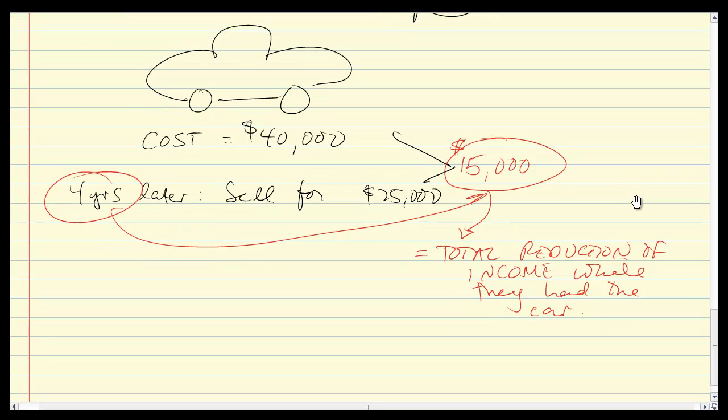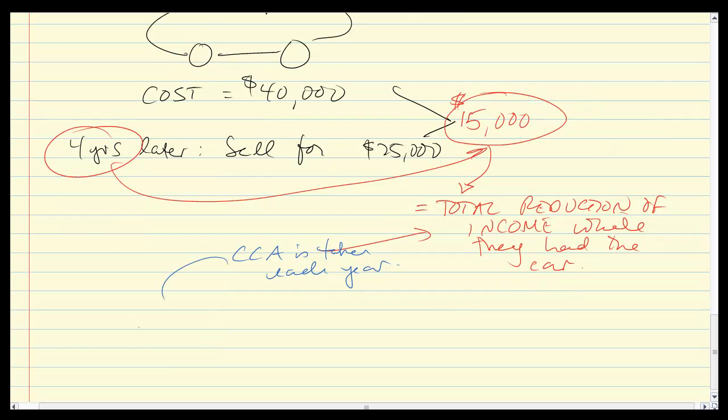Okay, but we know the problem here is that CCA is taken each year. So let's assume, I'll introduce a fact here, that total CCA was, let's just put it at $19,000.